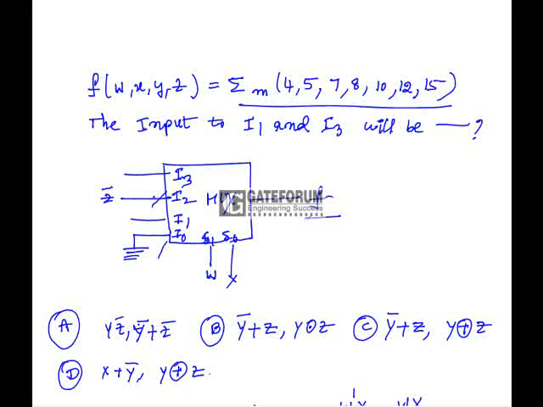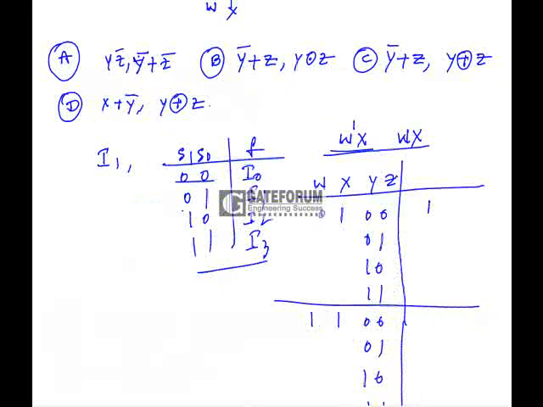So for 0 1 0 0, that is 4, that minterm is 1, and 0 1 0 1 is 5, that is also 1.